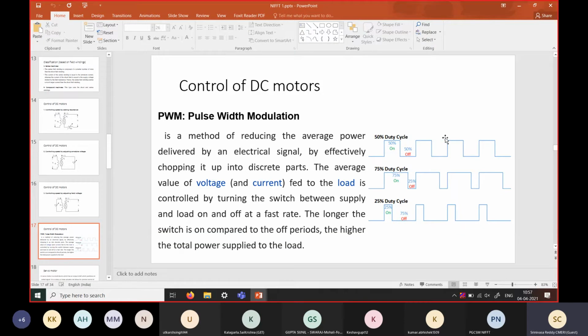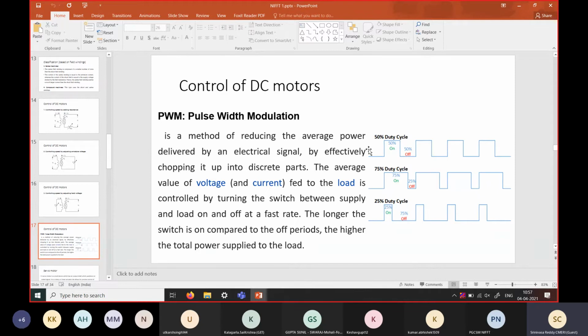Say if I say 50% duty cycle, that means 50% of the time it is on and 50% of the time it is off. The high pulse which you can see signifies the on time, and the low pulse, that is 0 level generally, is the off time.